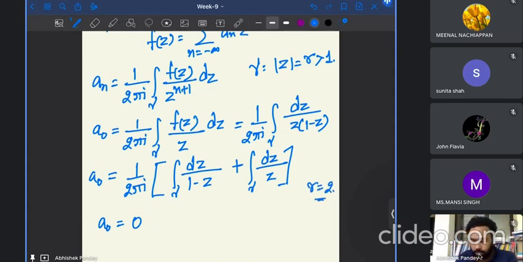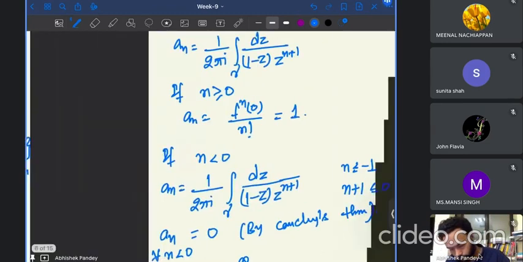Now can you tell me how this one is 0? Okay, so you can go through and check this one. So this a naught is equal to 0. What is the option now?